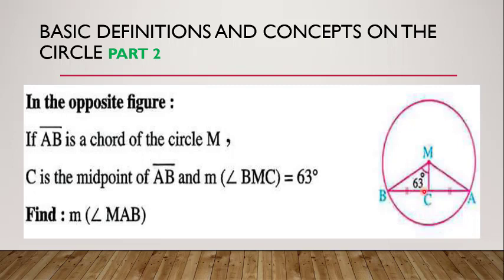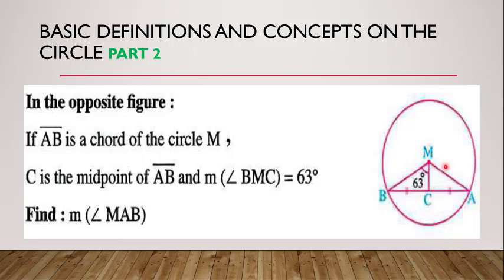Okay, as you can notice, the two triangles here are congruent. Why? MA equals MB, and MA is a hypotenuse because MC bisects the chord AB, then it will be perpendicular to AB.